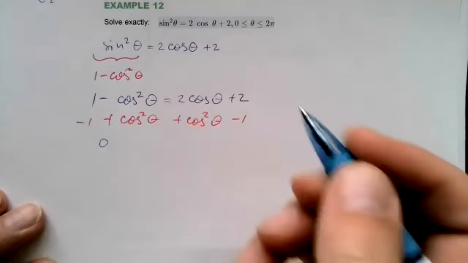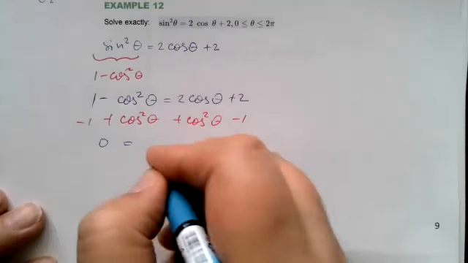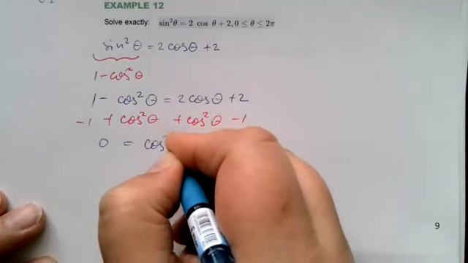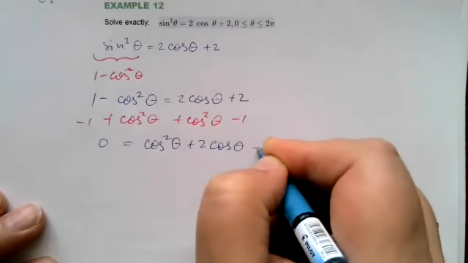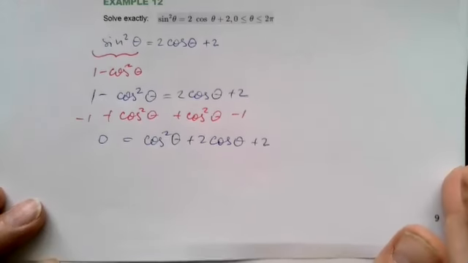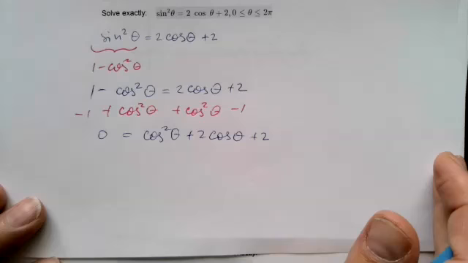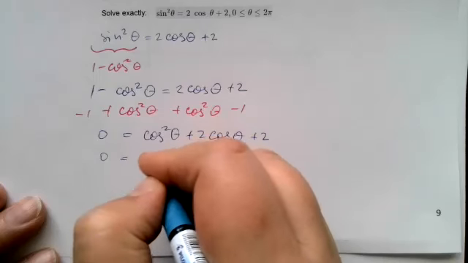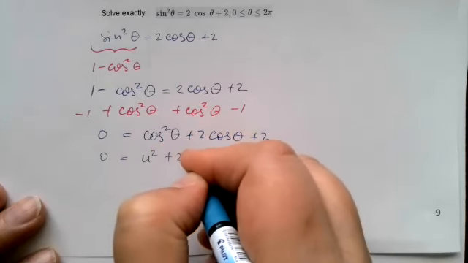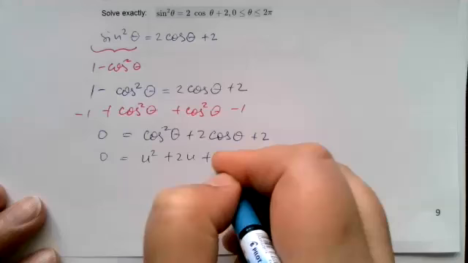So on this side, we have 0. And on this side, we have cosine squared theta plus 2 cosine theta plus 2, right? So in other words, if we do a u substitution, we're going to have u squared plus 2u plus 2.